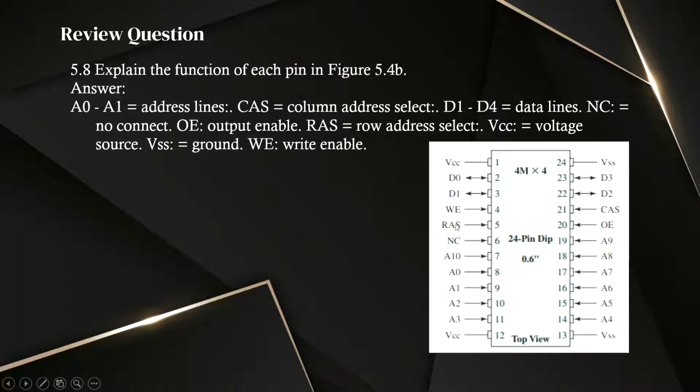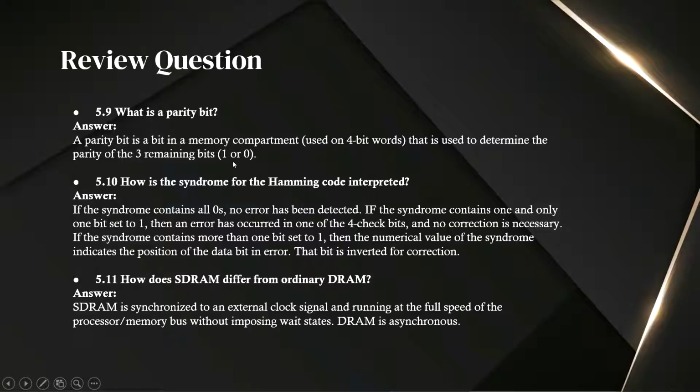This one is figure 5.4b as you can see, and the answer is: A0 until A10 is address line, CAS is column address strobe, and D1 until D4 is data lines, and NC is no connect, OE is output enable, RAS is row address select, VCC is voltage source, VSS is ground, and WE is write enable.